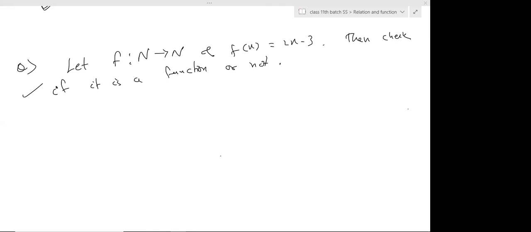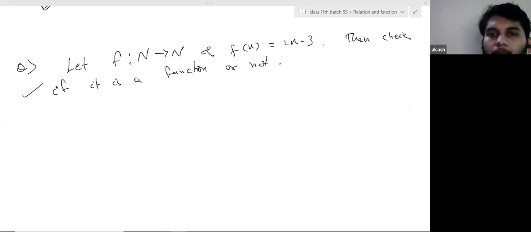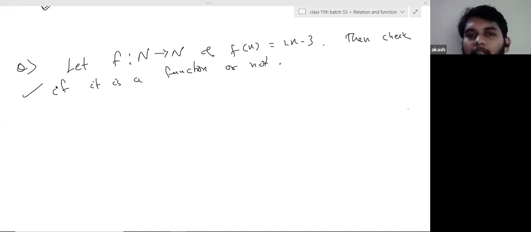How to solve this? Arnav is disconnected. All right. Fahad, do you remember what a function is, or what is the necessary things required for the relation to be a function?